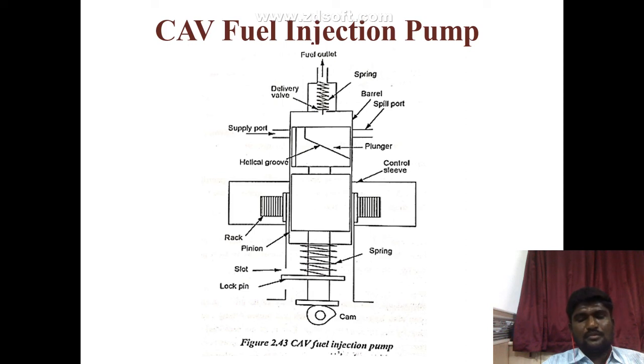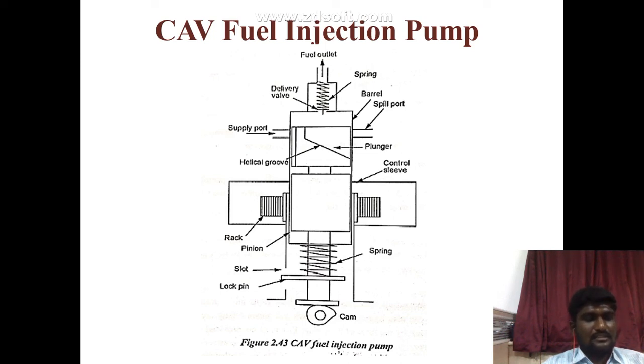Two ports are provided in the barrel. One is the supply port, and another one is called the spill port. The ports are opened and closed by the plunger moving up and down and rotating as well, right? When the supply port is open, the fuel fills the barrel, and as the cam rotates, it moves up the plunger. This is the working.